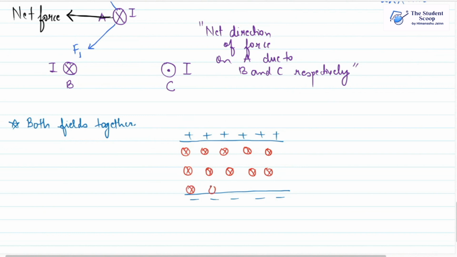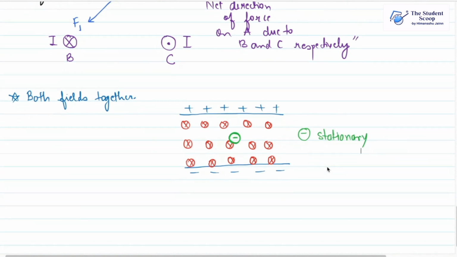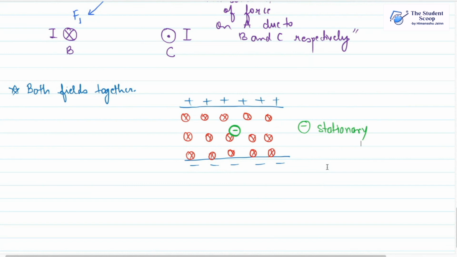And now let's say we want a negative charged particle here. This is a charged particle which is stationary. So what are the different forces acting on this charge and in which directions?